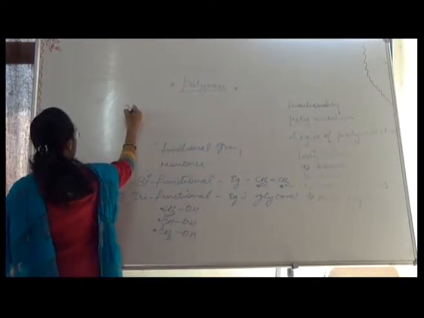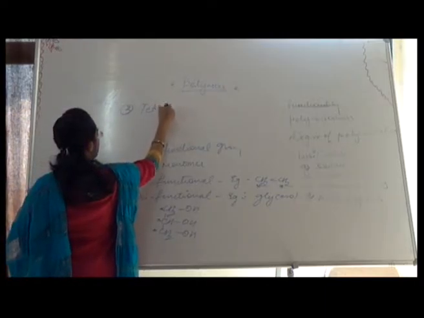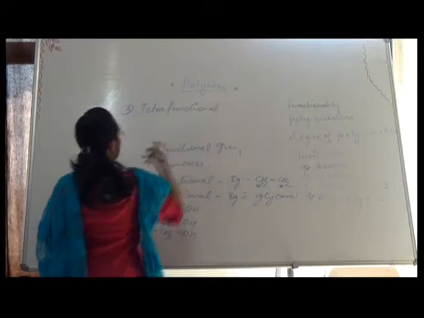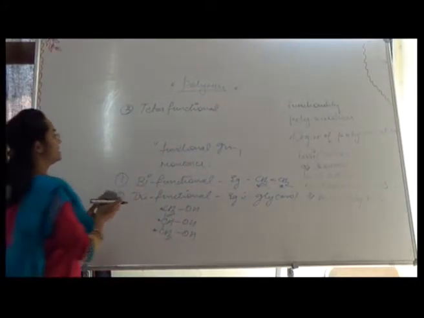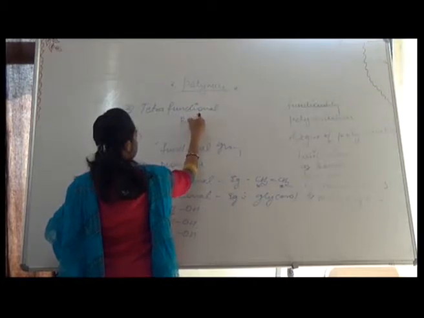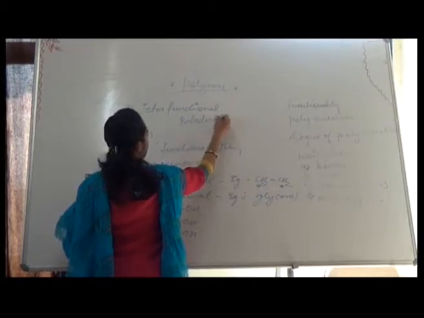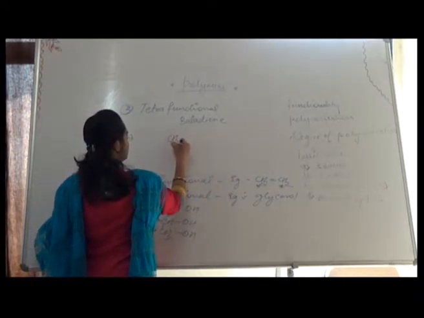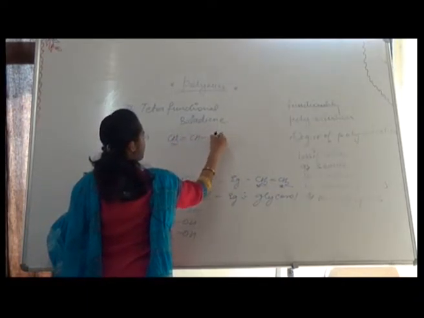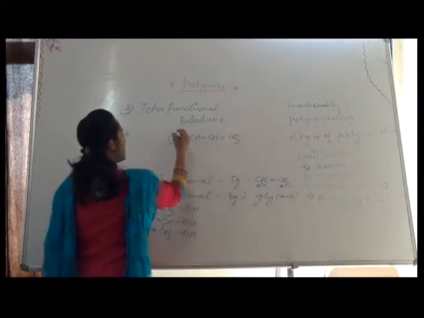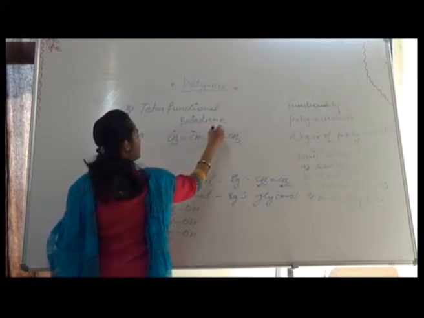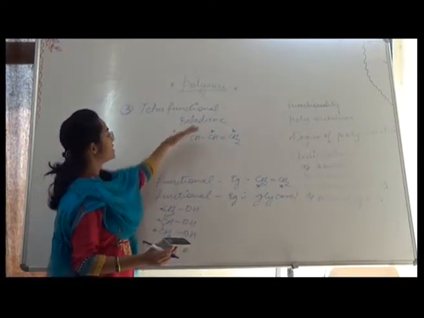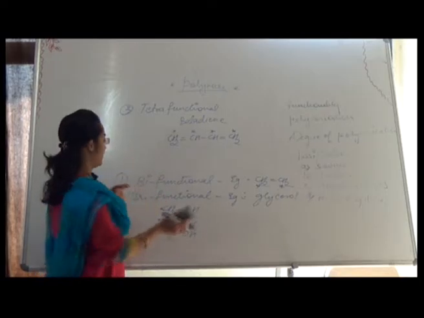Then the third one is tetrafunctional. For example, over here is butadiene. So, in butadiene, there are four different reactive sites or four different positions from which polymerization takes place.